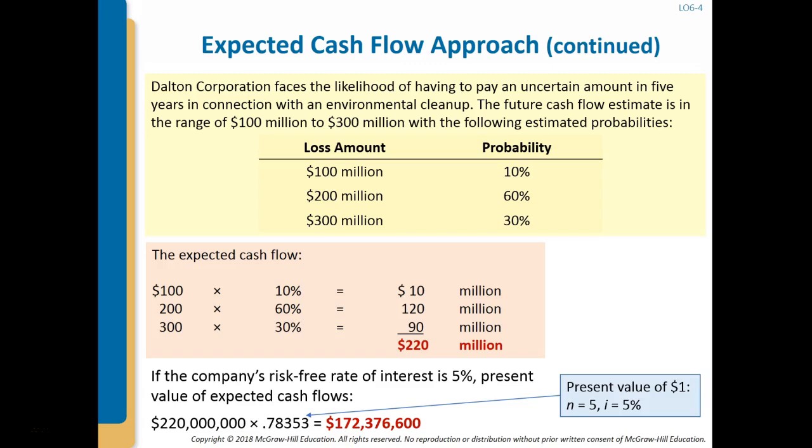The interest rate used to determine present value when applying the expected cash flow approach should be the company's risk-free rate of interest. Uncertainty is incorporated into the determination of the probability-weighted expected cash flows. In the traditional approach, uncertainty is incorporated into the risk-adjusted interest rate.